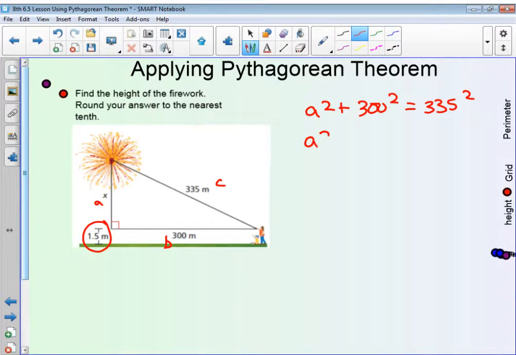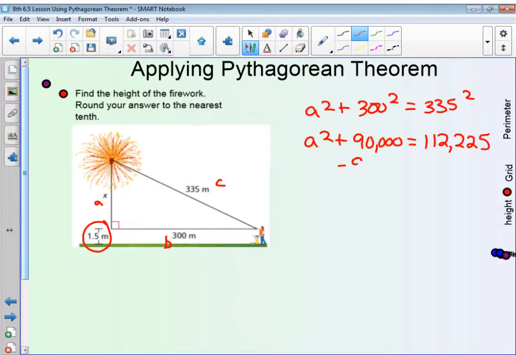So I have a squared plus 90,000 equals, then 335 squared is 112,225. Big numbers. Okay, so now we want to get the a squared by itself, so we'll subtract. And some of you maybe did the minus 300 squared on the other side and then simplified it.